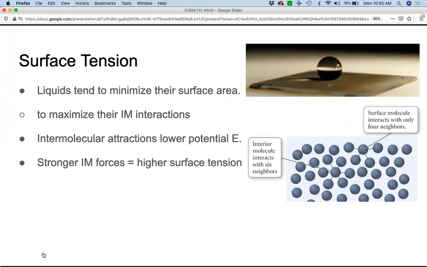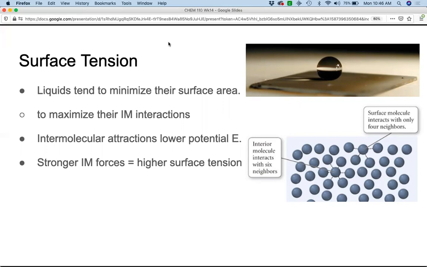So they minimize their surface area, and really interestingly, they lower the potential energy. These intermolecular attractions draw molecules together for the purpose of reducing the amount of energy.